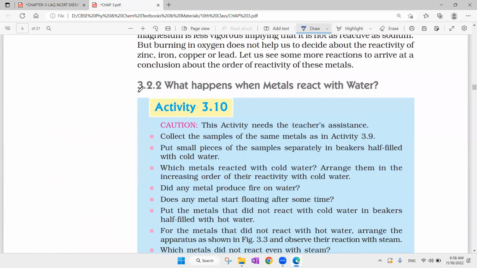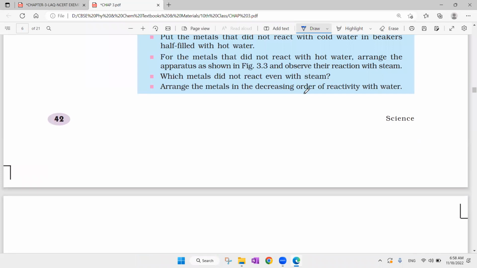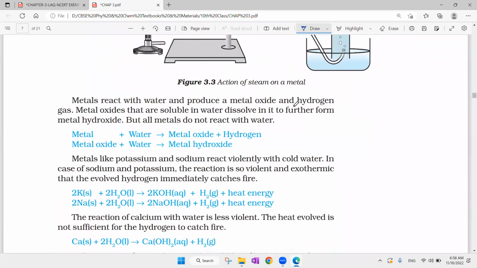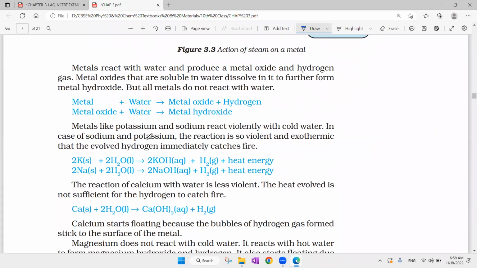So 3.2.2, what happens when metal reacts with water? These are the things you have to read. Here they might have given potassium and sodium reacting violently with cold water, and calcium with less violence.